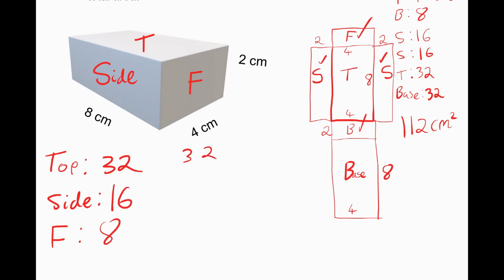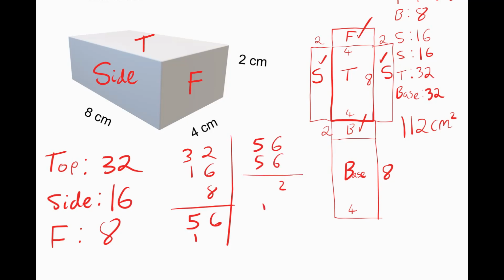I would then add these up, 32, 16, and 8. So 16, 56, and then I'm going to double that, so 56 plus 56, and I will get 112 centimeters squared, which is the same.